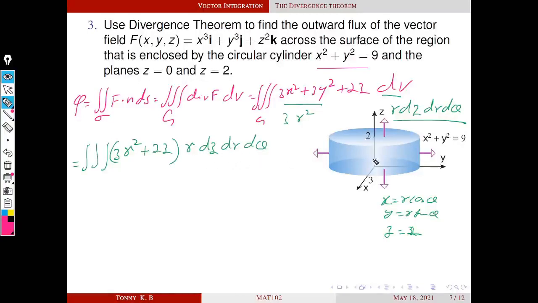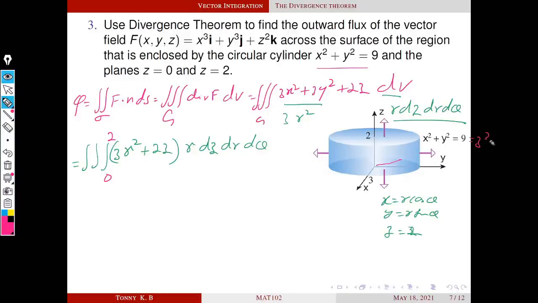It is clear that z is varying from 0 to 2. And what about r and theta? We have to cover this entire region. So r should vary from this point to this boundary. The boundary equation of this cylinder, or the equation of this base circle, is x square plus y square equal to 9.